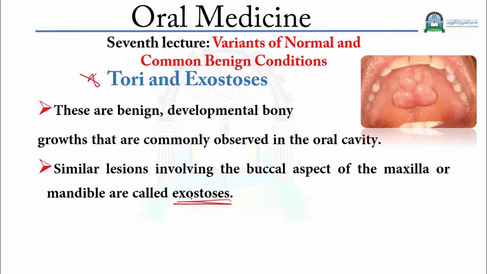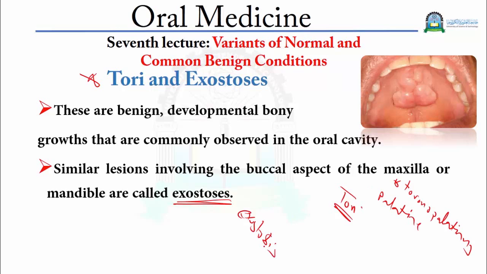So we have tori, such as the palatine tori, which we call torus palatinus, and also we have exostosis.